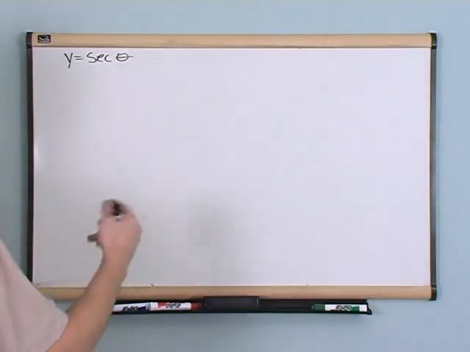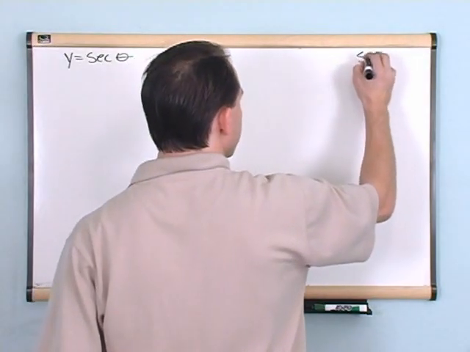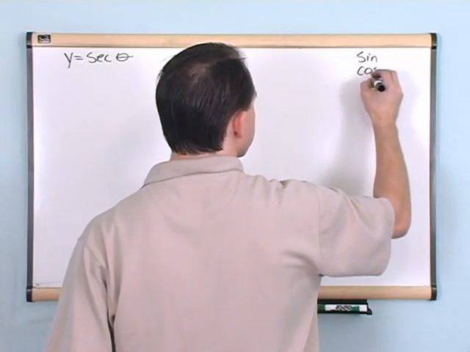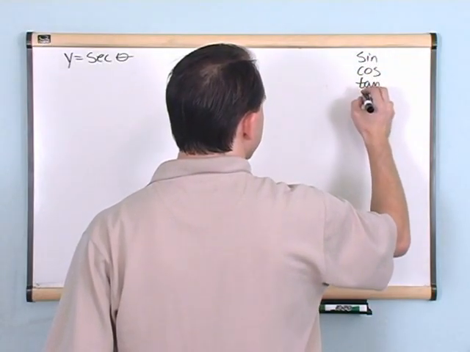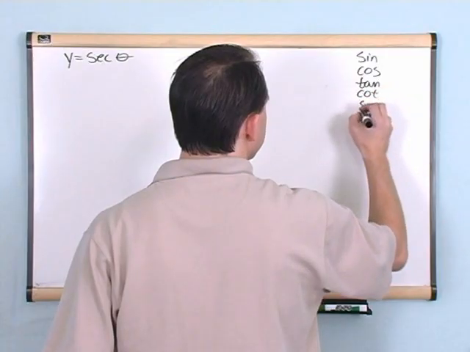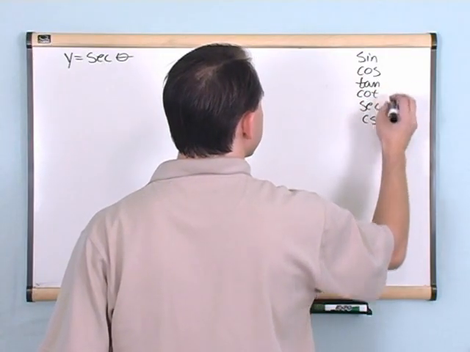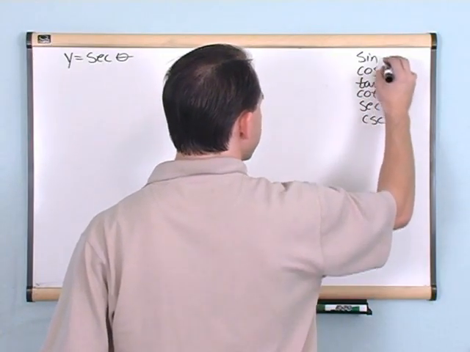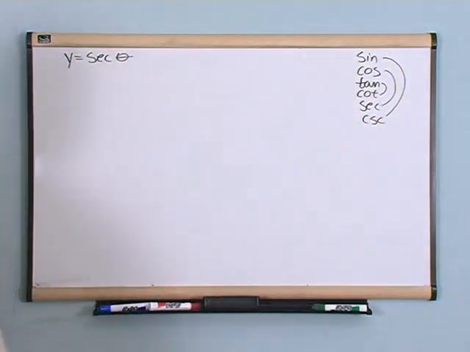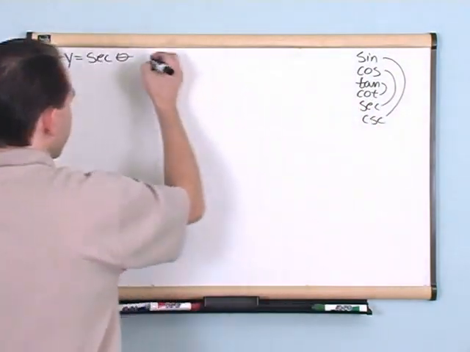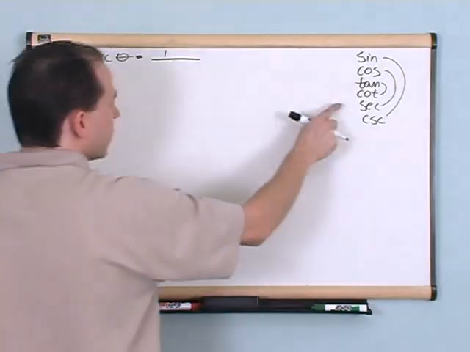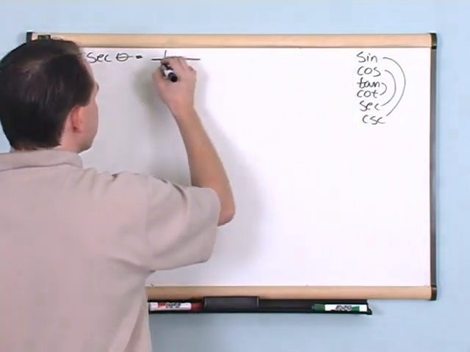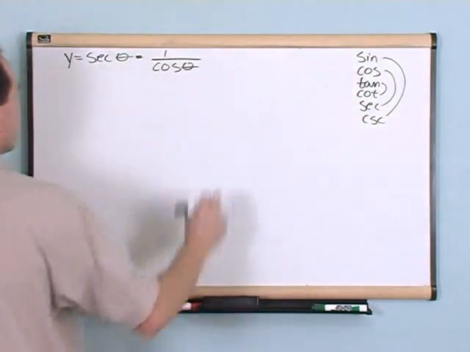Remember from your rainbow, you have sine, cosine, tangent, cotangent, secant, cosecant. This is how I taught you to remember how these are related to each other. Secant, which is here, is just equal to 1 over cosine.